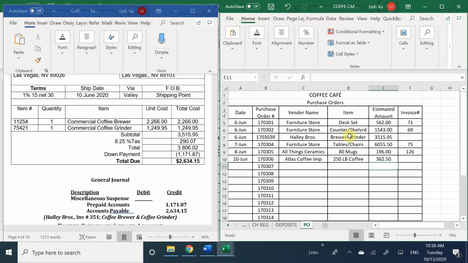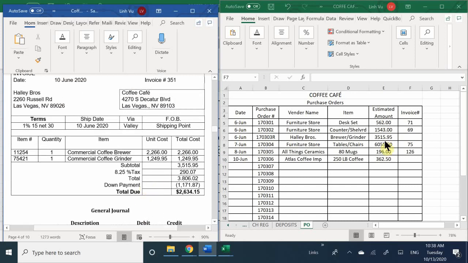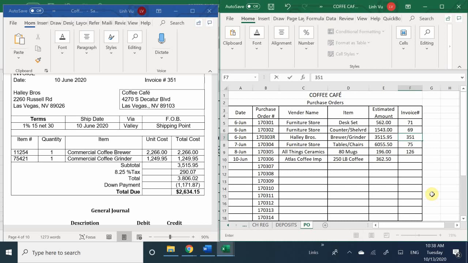So Haley Bros, brewer and grinder. What was the invoice number? 351 is our number here. So I'm going to make sure that I note that I received this item, and it was invoice number 351. Okay, and now I'm going to go into my journal.